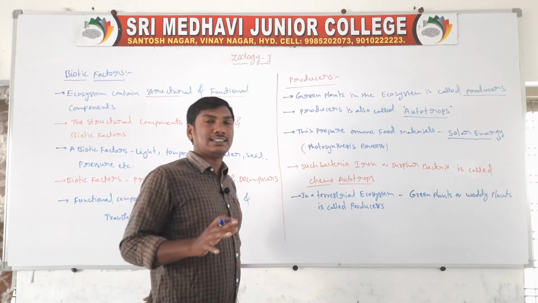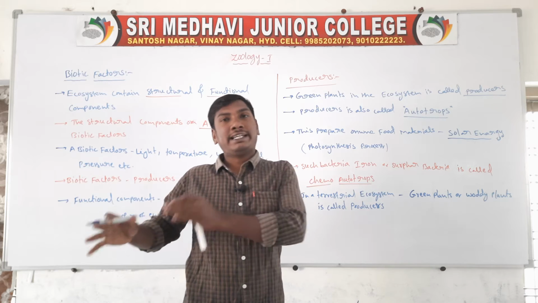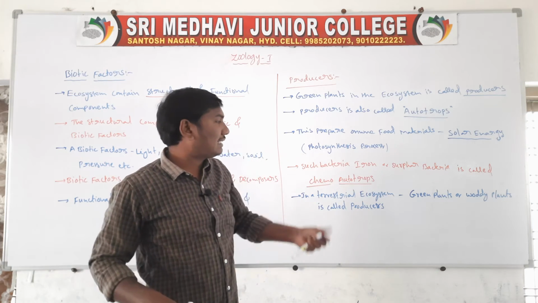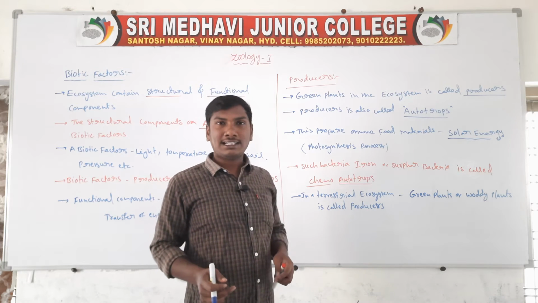Terrestrial ecosystem means land ecosystem. Aquatic ecosystem means water ecosystem. In the terrestrial ecosystem, green plants or woody plants are called producers.